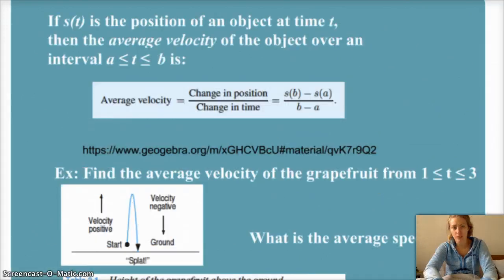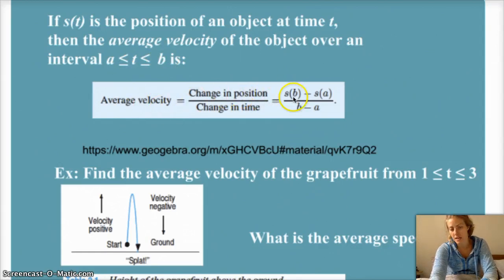Long story short, vocab words. So if you let S of t be the position of an object at any time, its average velocity over a certain interval from A to B, so my time interval is from time A to time B, is the change in position.